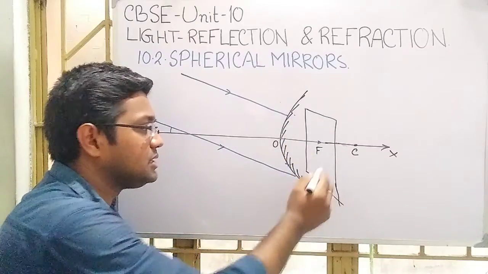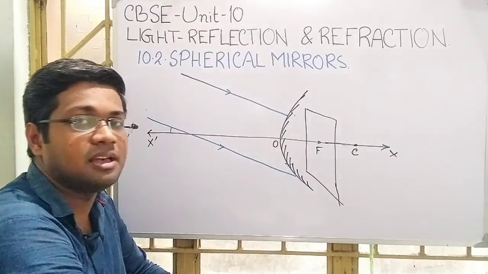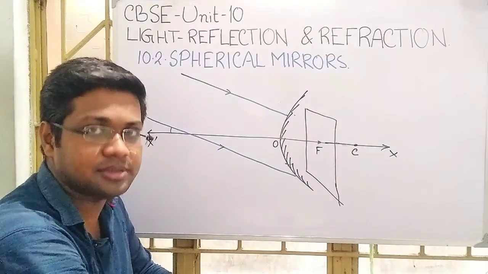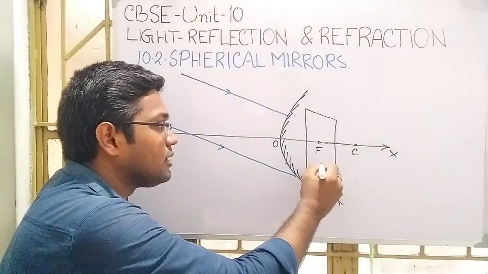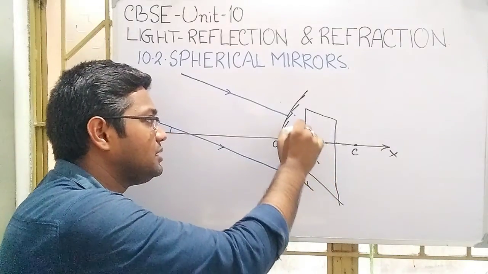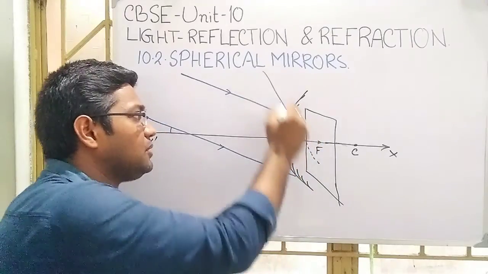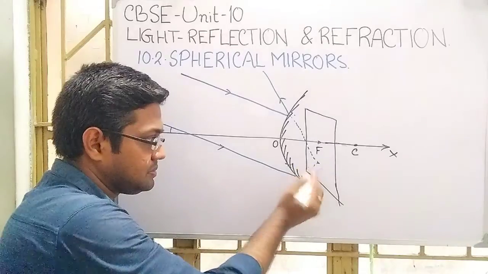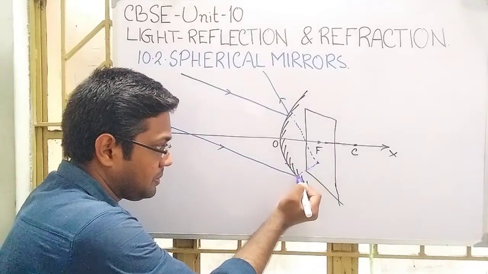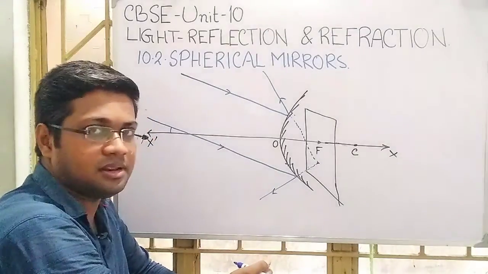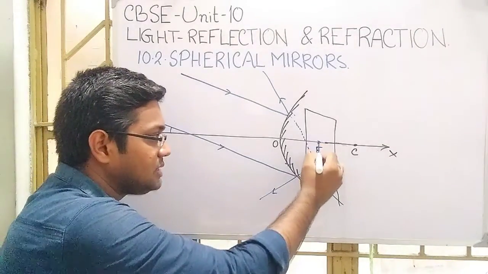This is the focal plane, the plane which is perpendicular to the principal axis and passes through the focus. The light appears to diverge from that particular point on the focal plane, and we can say this is the image.